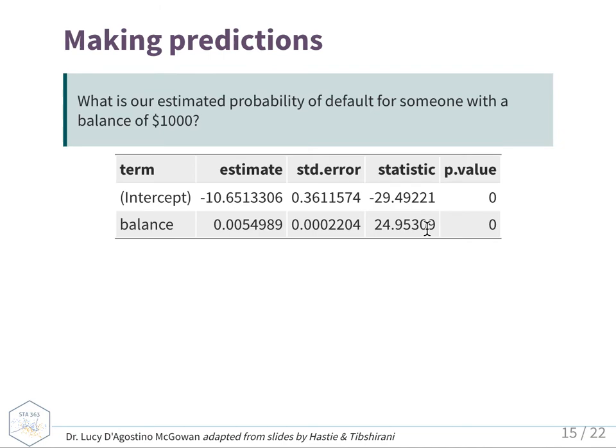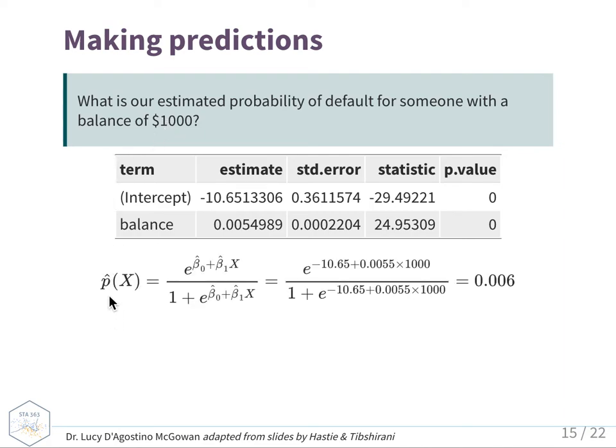Okay, so let's make some predictions now. What is our estimated probability of default for someone with a balance of $1,000? Using the formula that we showed on the previous slide, we want to take e to the beta hat 0 plus beta hat 1 x, over 1 plus e to the beta hat 0 plus beta hat 1 x.